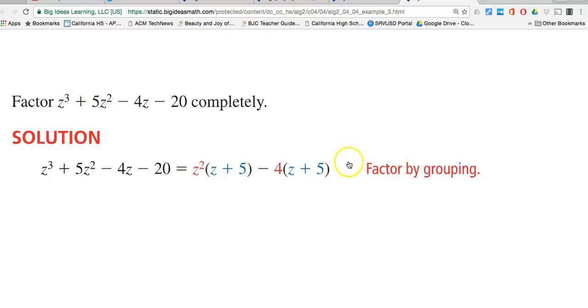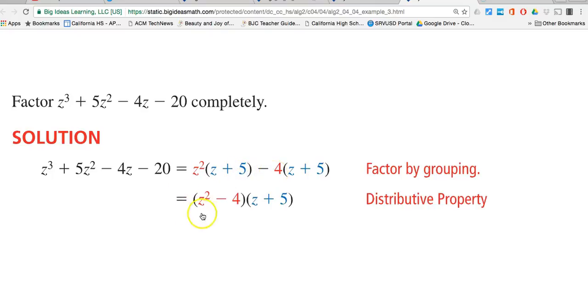Now, again, you did this in Algebra 1 when you had to factor some polynomials. What we see now is that z plus 5 is a common term. So what we can do is set this up as two binomials. If we take a z plus 5 out of both of these, we're left with z squared minus 4.